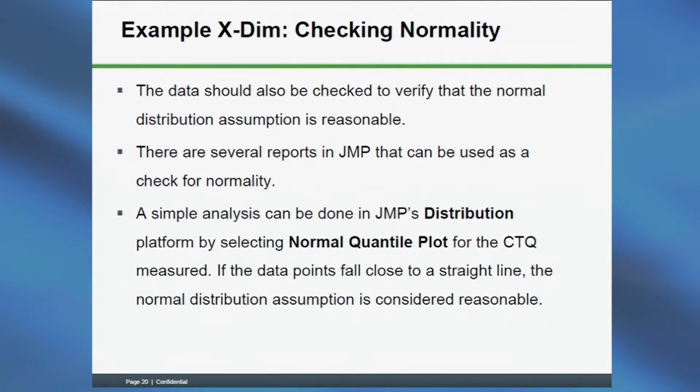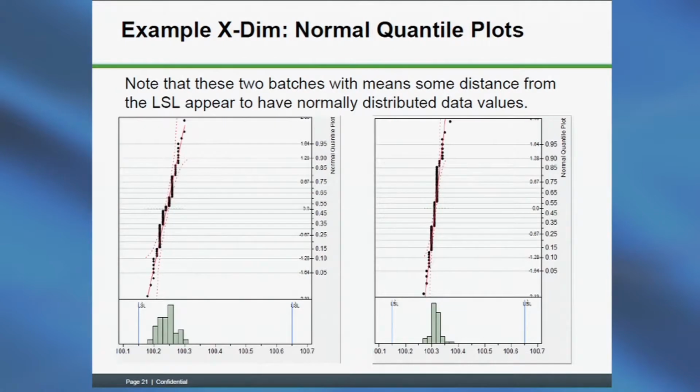And if the data points fall in a straight line, then the normal assumption is something that we would consider to be reasonable. And you can see over here, here's the data from several of the batches, 2 batches over here. And these batches, again, had some means that were some distance from the lower spec limit. And as far as we can tell, the normal distribution is a perfectly reasonable assumption for this data.